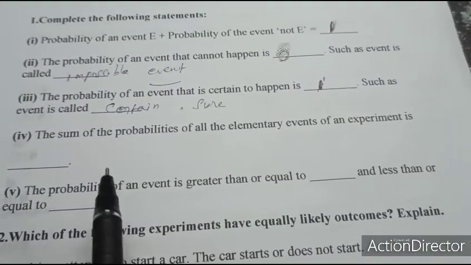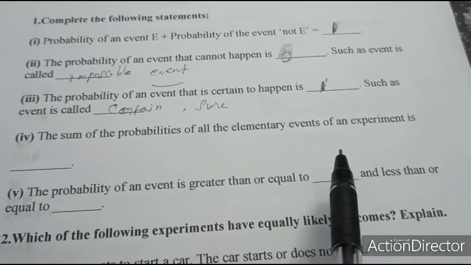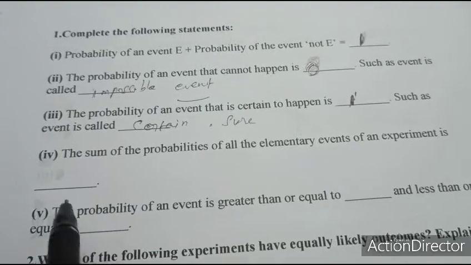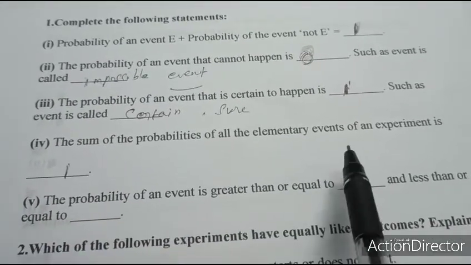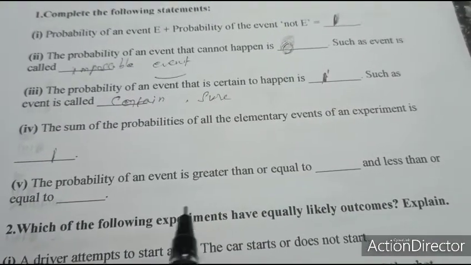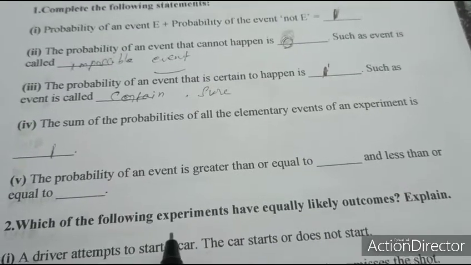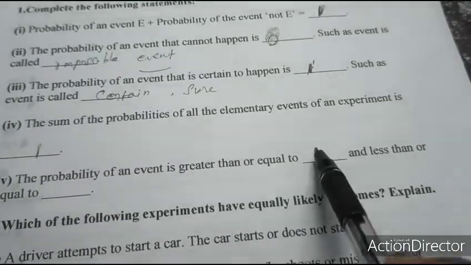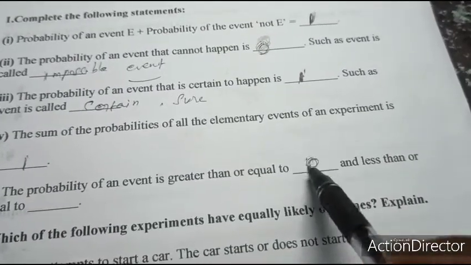Fourth, the sum of the probabilities of all elementary events of an experiment is 1. Fifth, the probability of an event is greater than or equal to dash and less than or equal to dash: the lowest value is 0 and the highest value is 1.